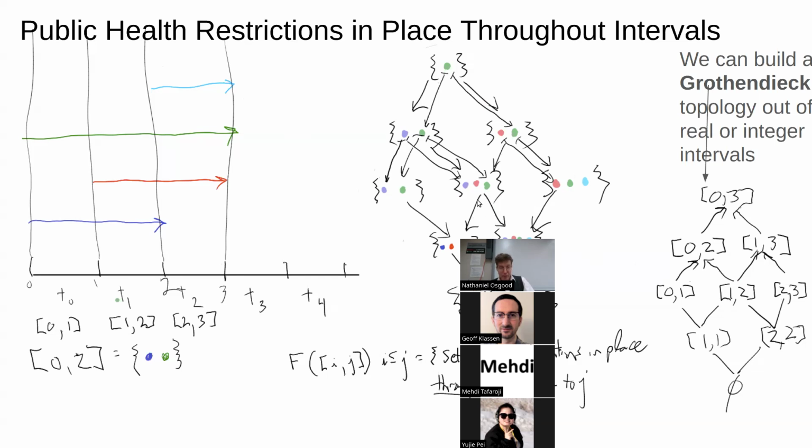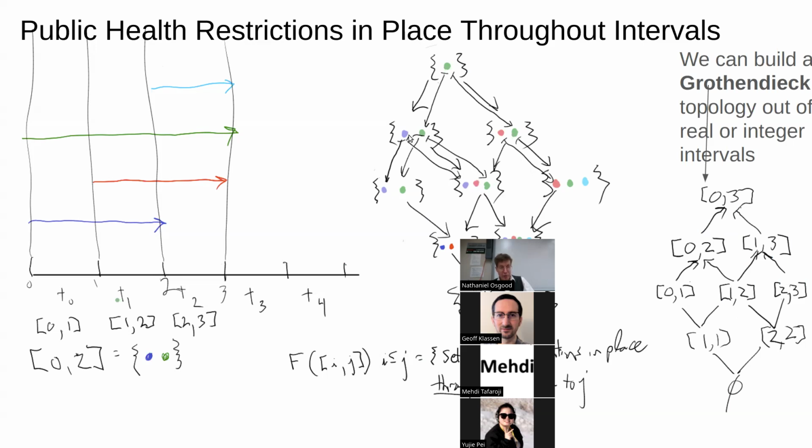If this value red weren't in place at time 1, we wouldn't be able to find it in this one. If it weren't in place at time 2, we wouldn't be able to find it in this one. So in this case, this is going to be no larger than either of those two, right?